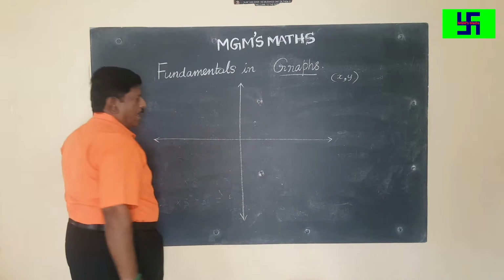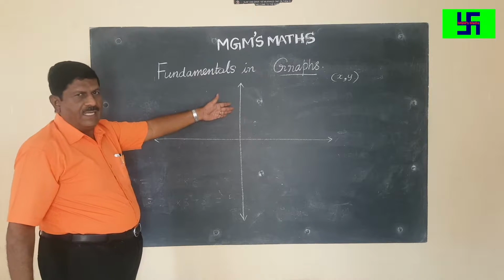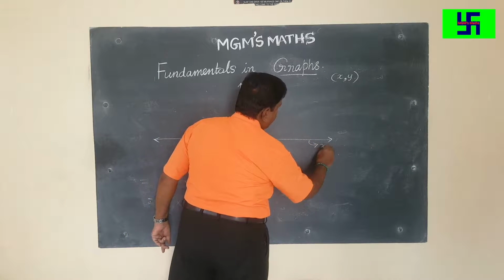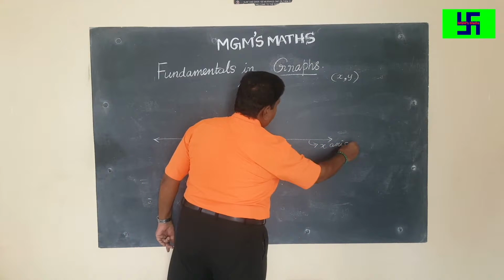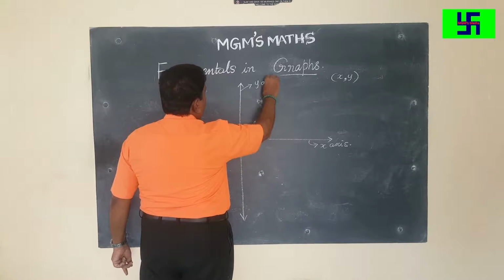You see, there is a horizontal line and there is a vertical line. The horizontal line we call the x-axis and the vertical line is called the y-axis.